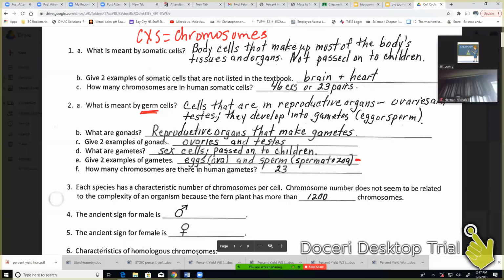So the human gametes, whether it's the egg or the sperm, have only 23 chromosomes. We say they're haploid. Hap, like half, so this is half the number of chromosomes.